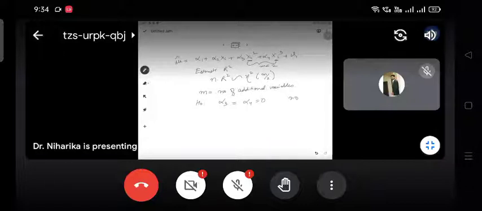In that case, we say there's no specification error. And H1: alpha 3 and alpha 4 are not equal to 0. So the alternate hypothesis tells that specification error is present.